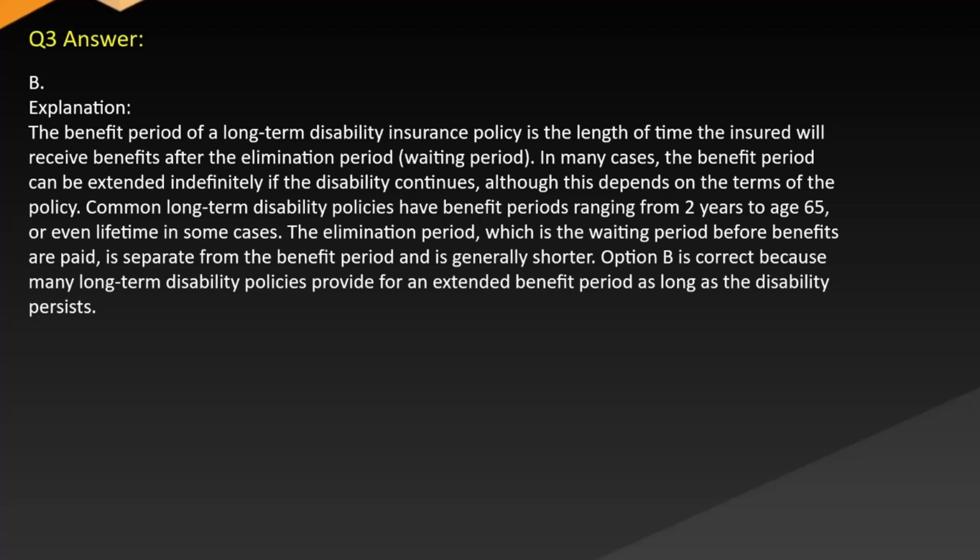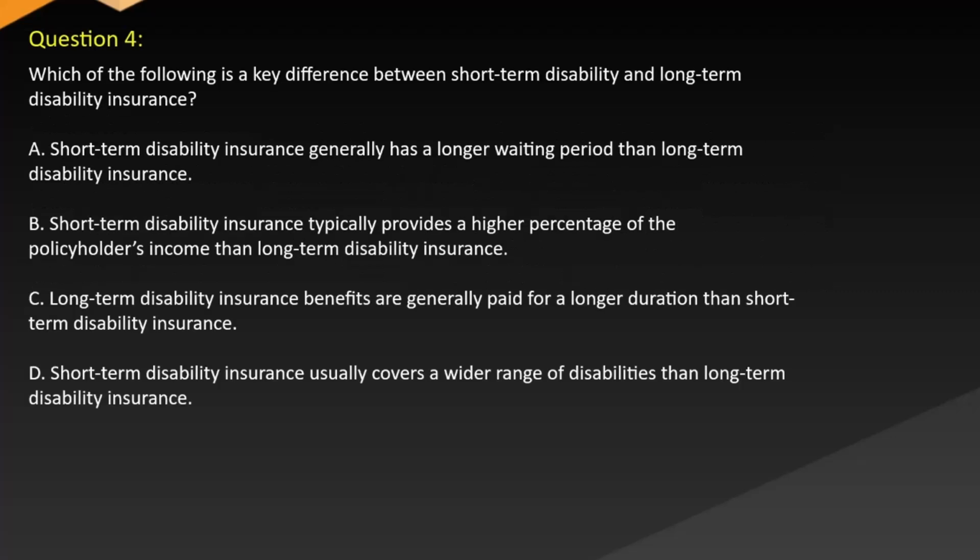The elimination period, which is the waiting period before benefits are paid, is separate from the benefit period and is generally shorter. Option B is correct because many long-term disability policies provide for an extended benefit period as long as the disability persists.